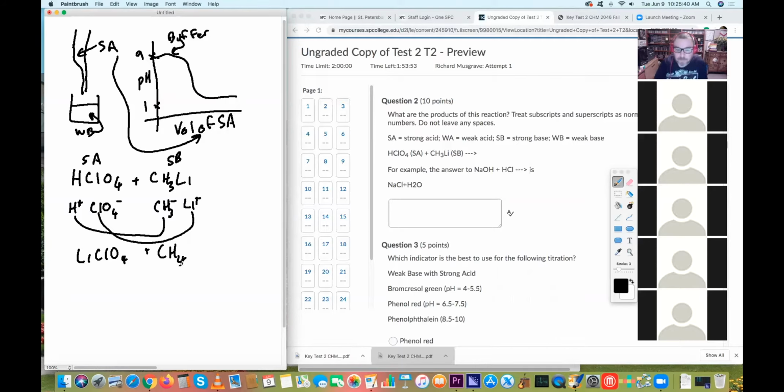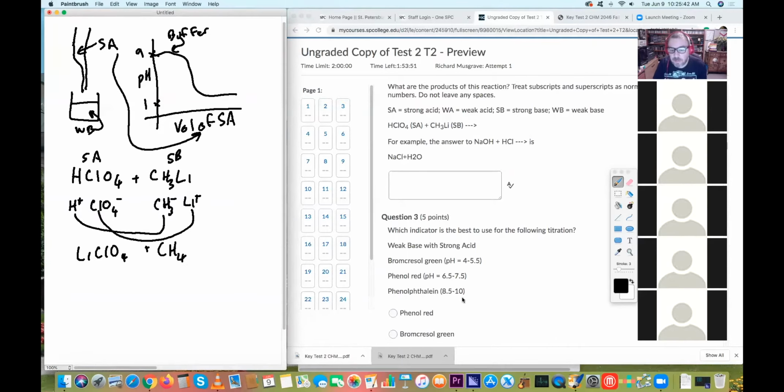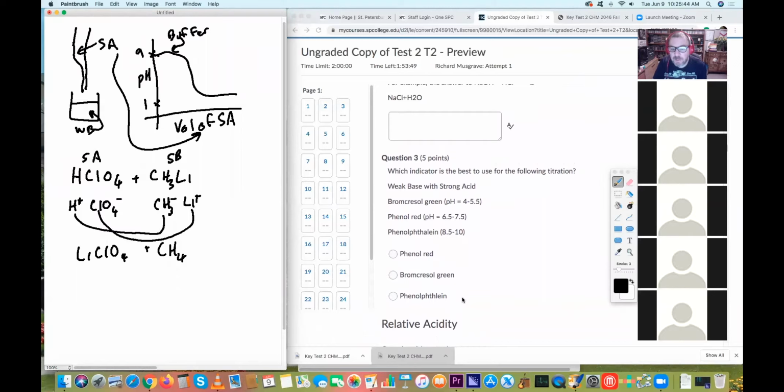Okay. I'm going to re-roll this in a second. Question 3, that's the one with the indicator. And you can see weak base with strong acid is the, and I think, well, that actually matches what we have up here, funnily enough. So we know the pH at the equivalence point is 5.